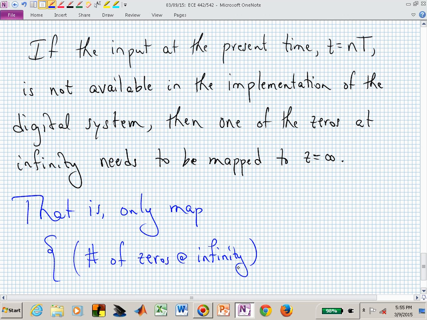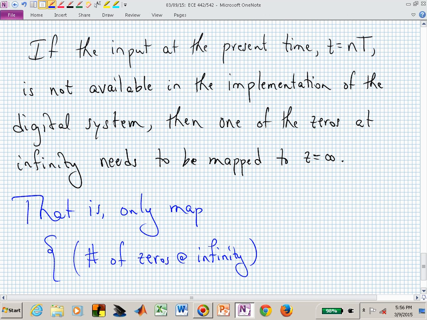In your homework, how many was that? Did we only have one of these problems where you had to use the pole zero mapping? Or did we have more than one? Just one? And how many zeros at infinity did you have? 2, didn't you? You had a pole zero excess of 2. So this number in parentheses, this number of zeros at infinity is 2.